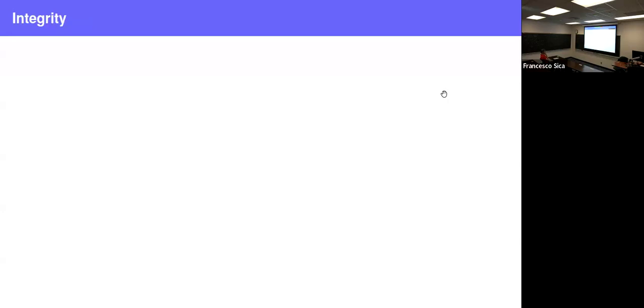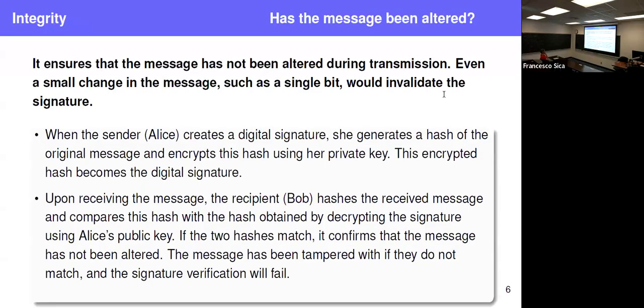The second key property is integrity, which answers, has the message been altered? Even a tiny change to the message invalidates the signature. This works because the hash of the original message is encrypted with the sender's private key. If anything changes, the verification will fail.